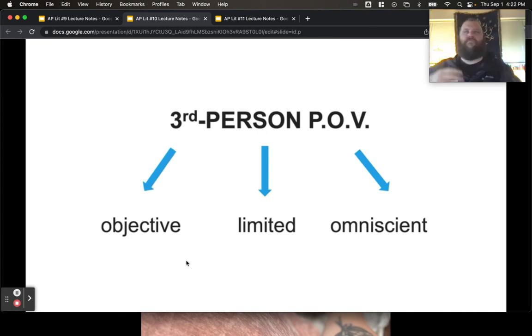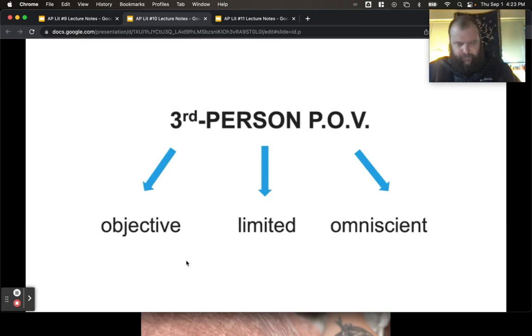It can give us the thoughts and feelings of every character, or it can just lay it out neutrally for us. It really gives a lot of creative freedom for the author by way of the narrator, right?